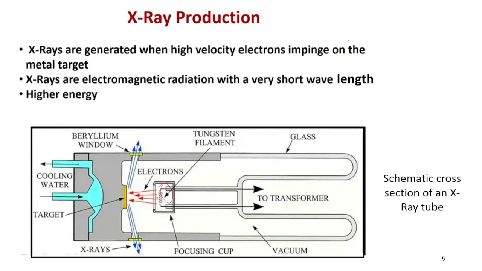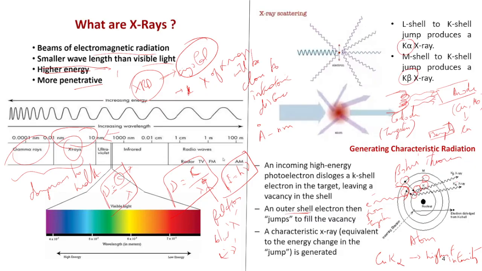Then we have the target over here, and because of the high energy, the electrons will move towards the target and impinge on it at very high velocity. This target is usually the anode, of opposite charge, so it will attract at very high energy, and then there will be a collision. You got it, right?